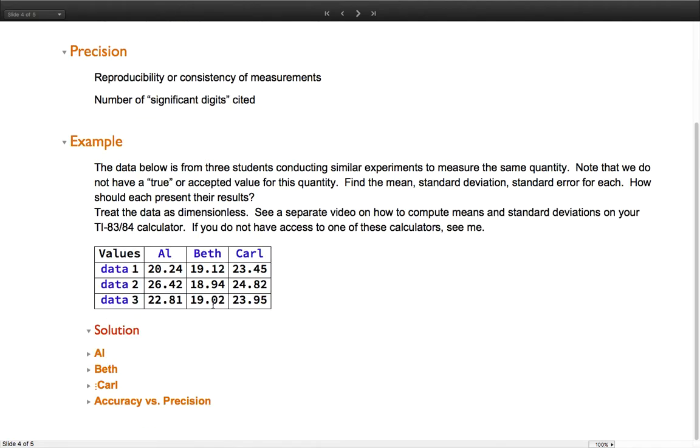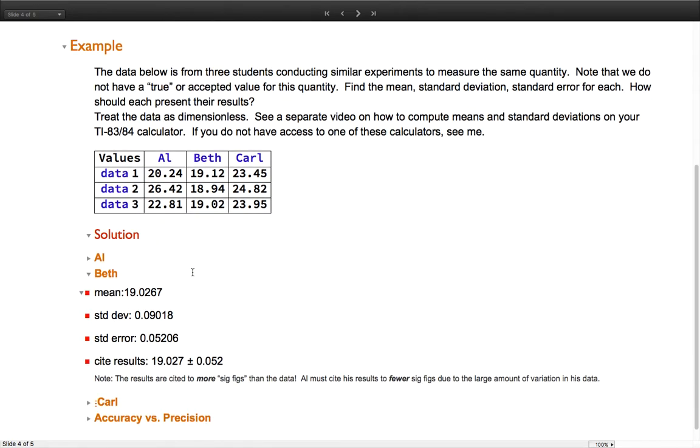We do the exact same calculation for Beth. So enter Beth's numbers into a list and do the calculation. And we find out that Beth's average is this number, her standard deviation is this, and her standard error is 0.05206, which is just the standard deviation divided again by the square root of 3. So we take alpha, we round that off to 2 sig figs, which is 0.052, and there's our alpha.